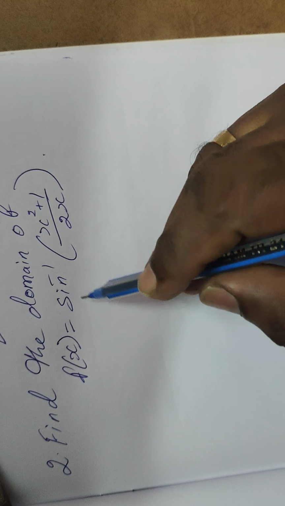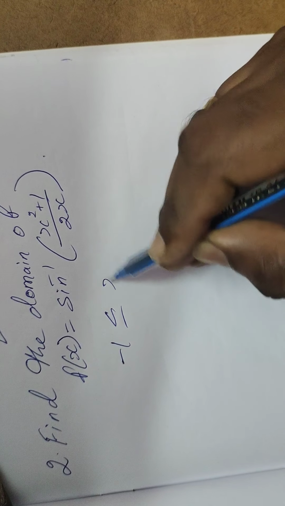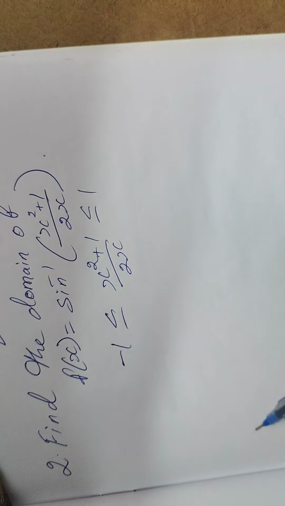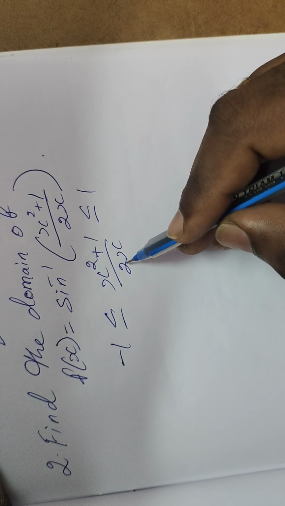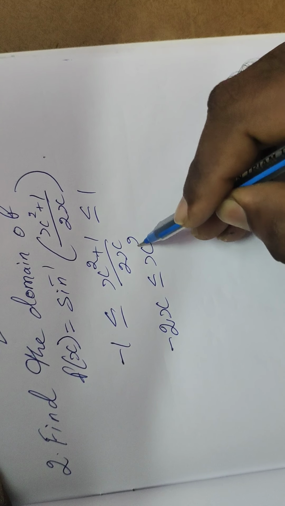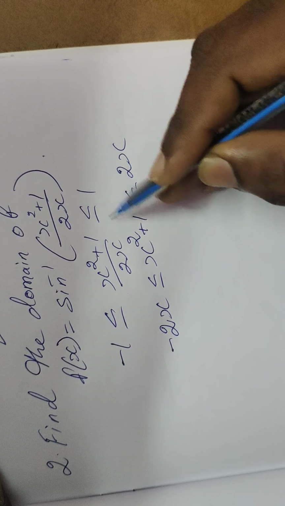So like the previous sum, sine inverse value is in between minus 1 less than or equal to (x square plus 1) by 2x less than or equal to 1. When you cross multiply, we will get minus 2x less than or equal to x square plus 1 less than or equal to 2x.